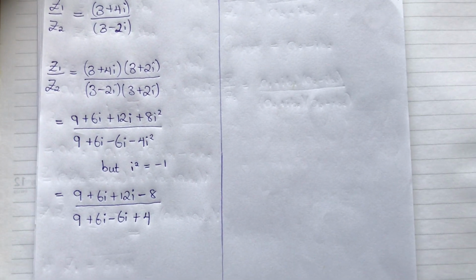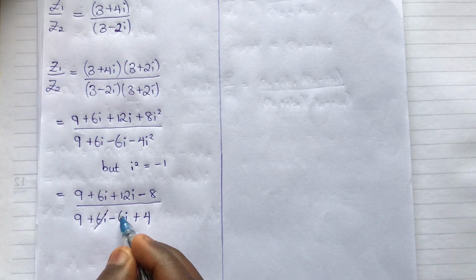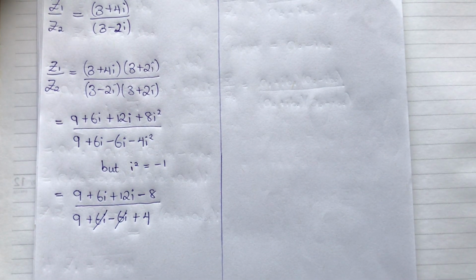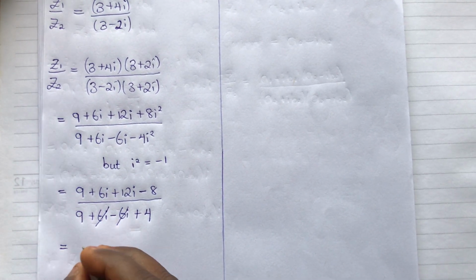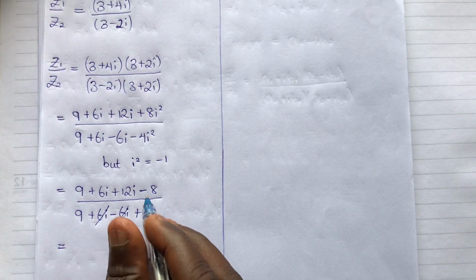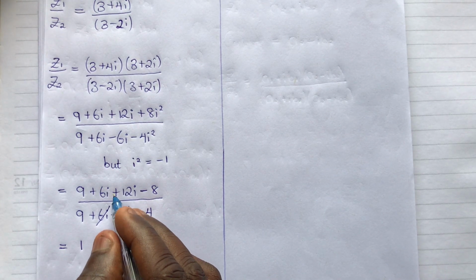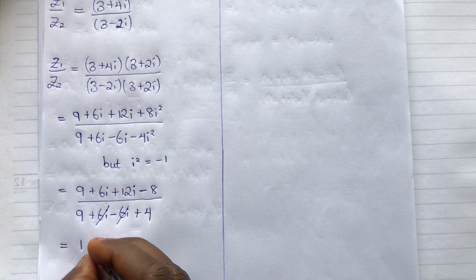Now all you need to know is that this and this are the same. One is positive, one is negative, so this will take care of this. And we can add this and this together. We are having 9 minus 8 is going to give us 1, and then 12 plus 6 is giving us 18i.